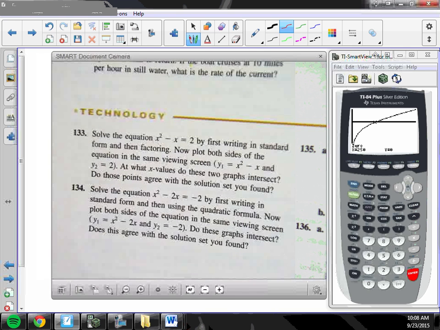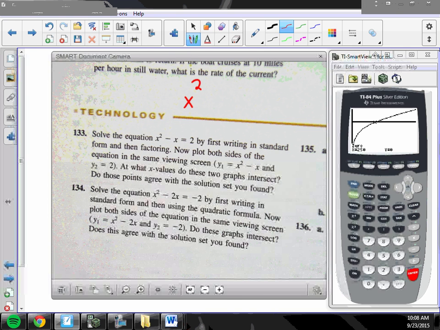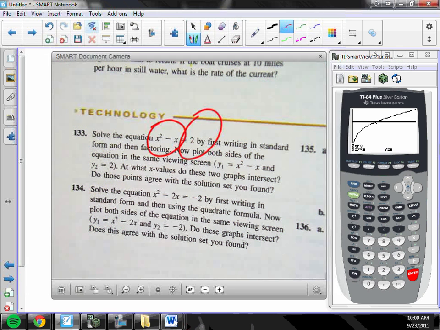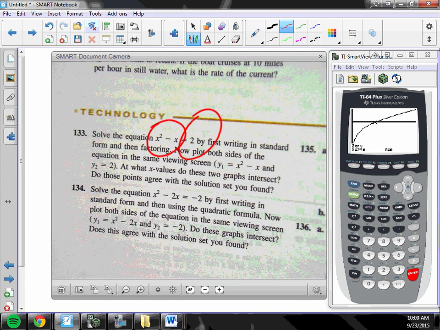So we want you to do x squared minus x minus 2, factor it, find the roots. Then it says, what happens if we graph this in y1 and we graph this in y2? And you have 2 questions there.